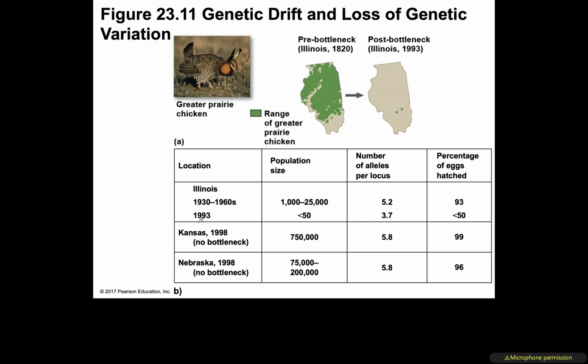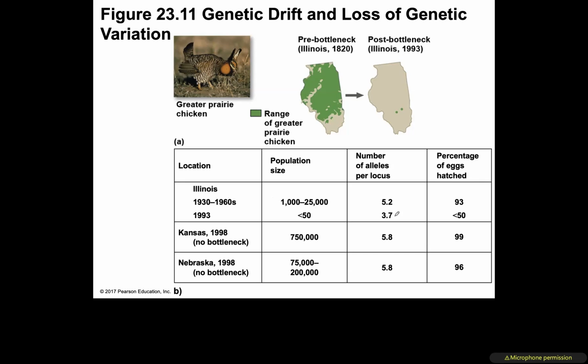If you want to compare it, 1993, population size in Illinois, less than 50 chickens. Literally from this time frame of 1930 to 1960, we had anywhere between 1,000 to 25,000 chickens. Now we have less than 50. And this shows your allele frequency has gone down to 3.7 alleles.